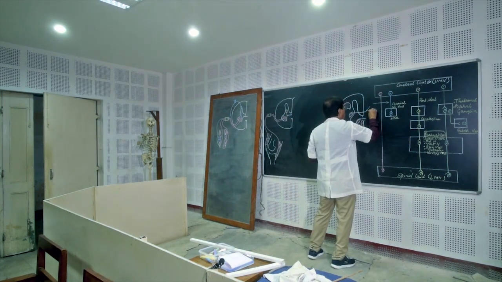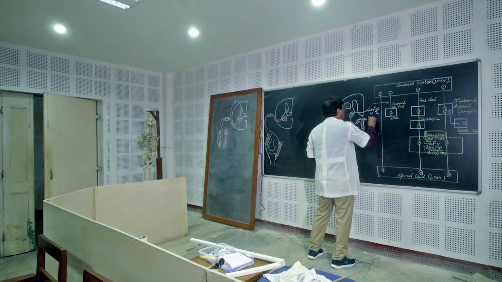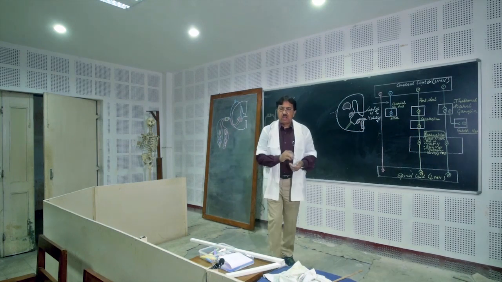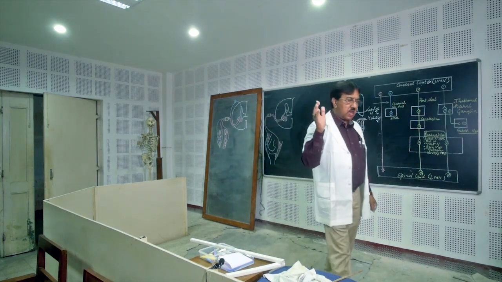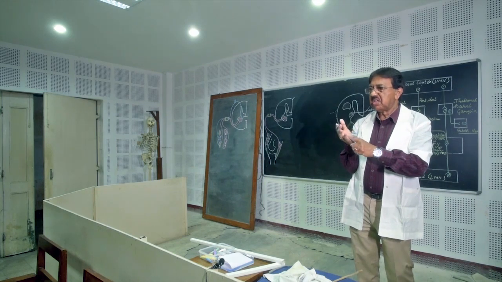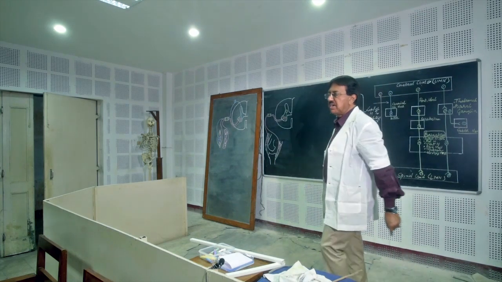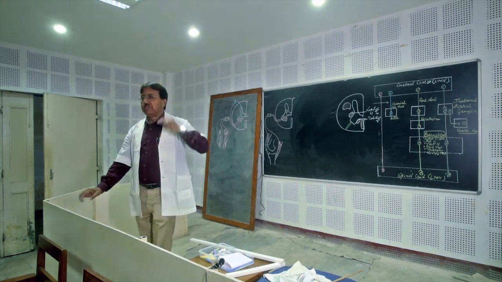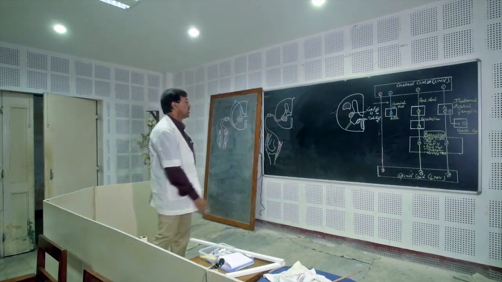Lateral reticulospinal tract, this is medial reticulospinal tract. These two. The lateral reticulospinal tract starts from the medullary part of the reticular nucleus in the brainstem. The medial reticulospinal tract starts from the pontine part of the brainstem reticular nucleus.